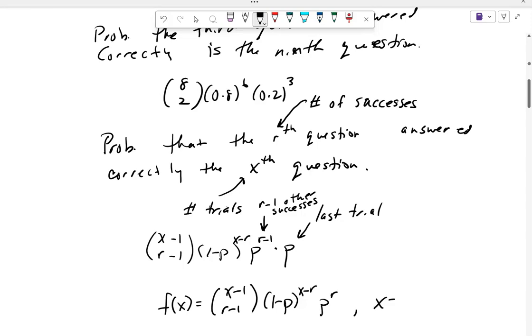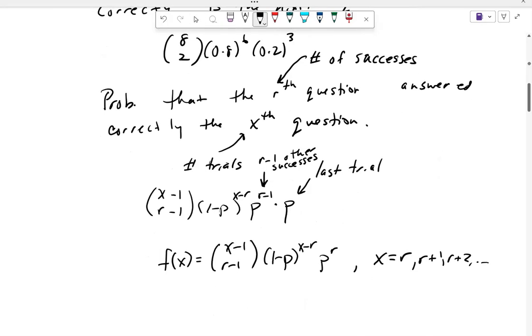In this case, your support has to start at R, right? To get R successes, I have to have at least R trials, correct? But then from then on, I could have anything. This is what's known as a negative binomial PMF.